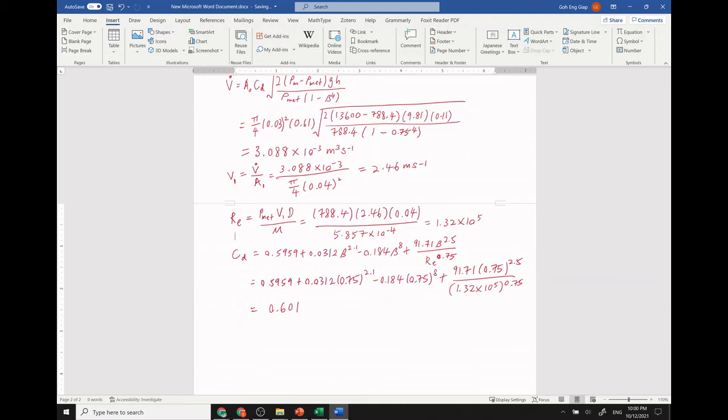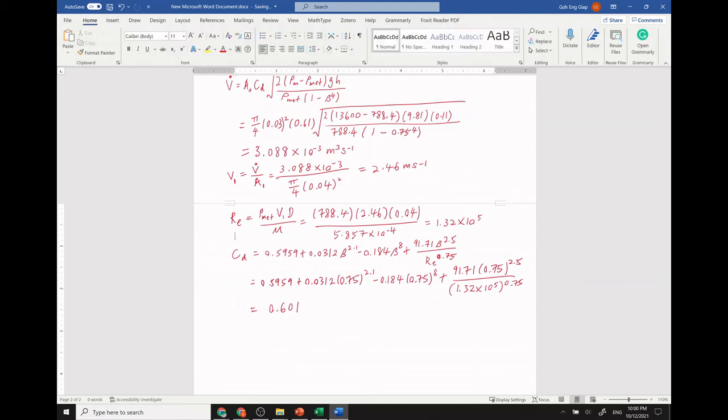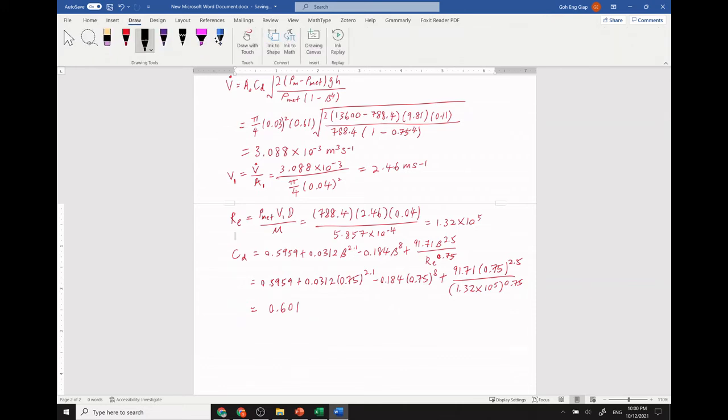Okay, so we can use this CD value. We can then place it back here and then calculate for volumetric flow rate. Okay, so I have done that already using Excel.